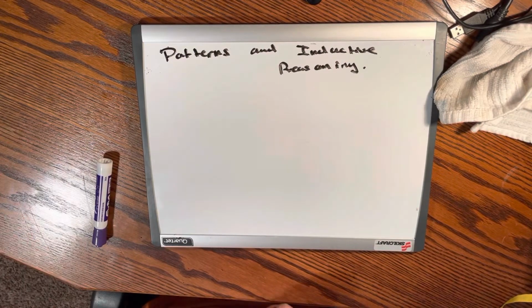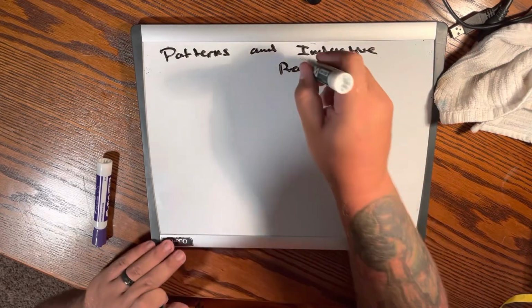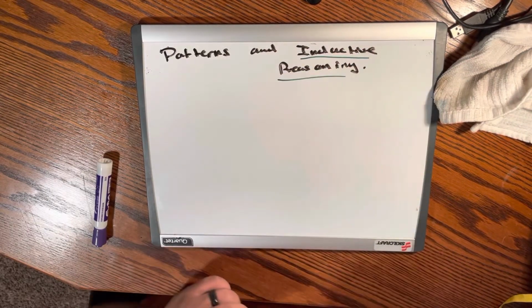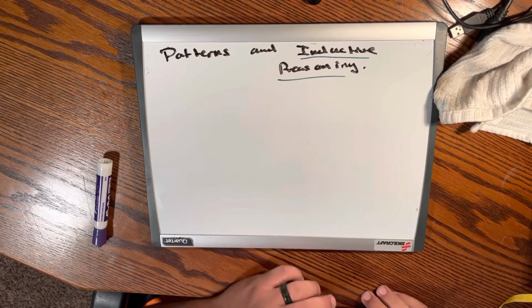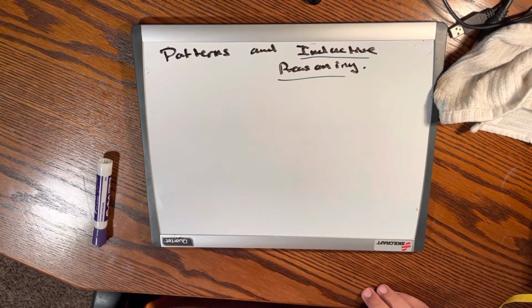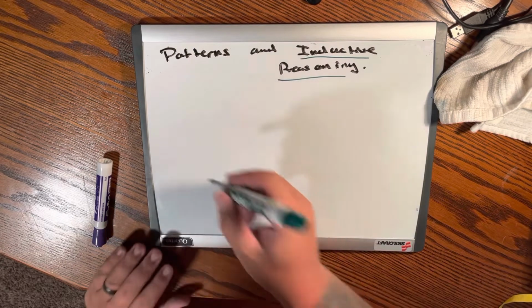Now, vocabulary words. What is inductive reasoning? Inductive reasoning is a type of reasoning that allows you to reach conclusions based on a pattern of specific examples or past events. There's a lot to write. Oof. All right.